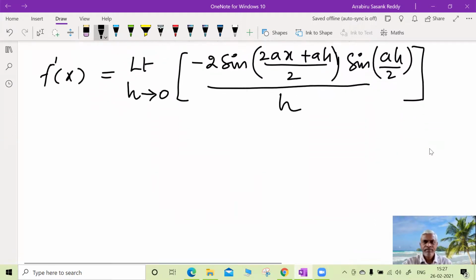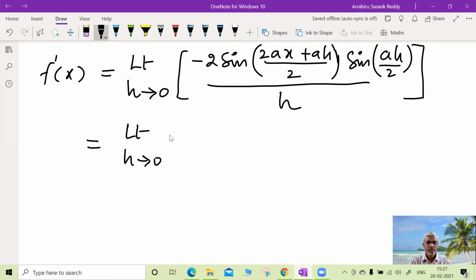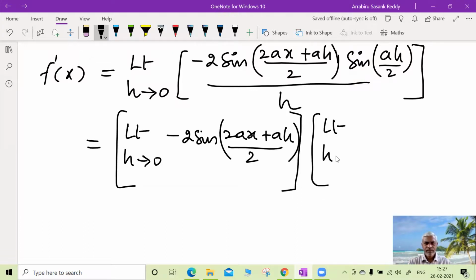Separating the limit, h tends to 0 of minus 2 sine of 2ax plus ah by 2. So this is the first term. And separating the limit h tends to 0 for sine ah by 2 by h.